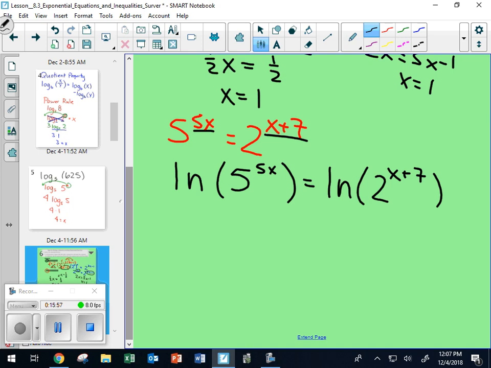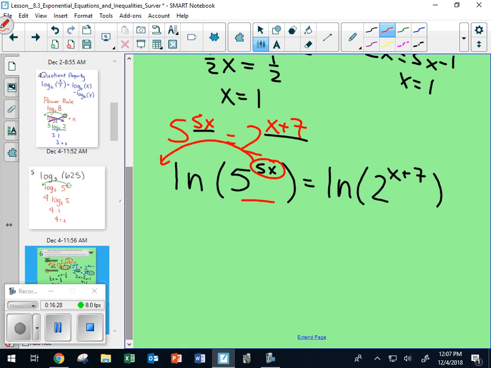And the reason why I want to use these logarithms, if I have this 5 to the 5x inside of my natural log, and I need to do something with my exponent, what can I do with my exponent? If you think about the power rule that we just learned, can't you just move it out?